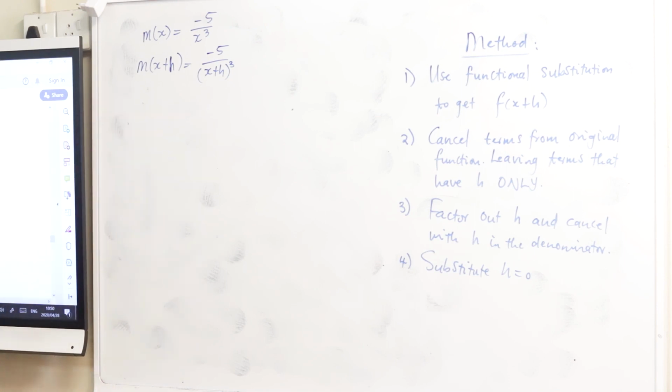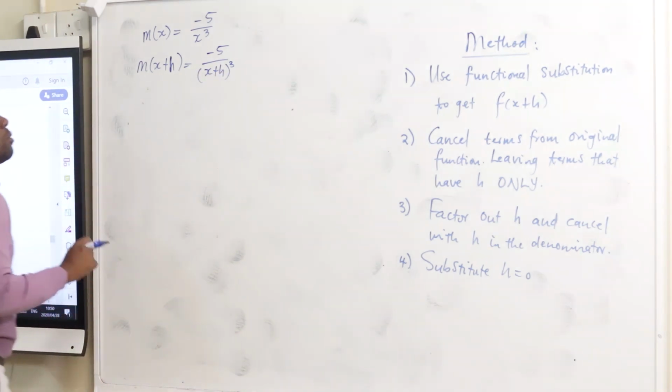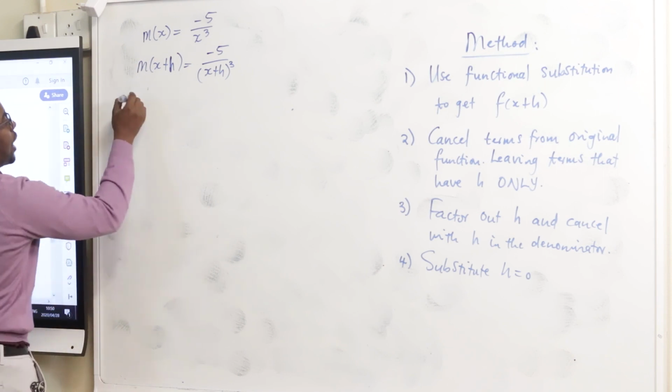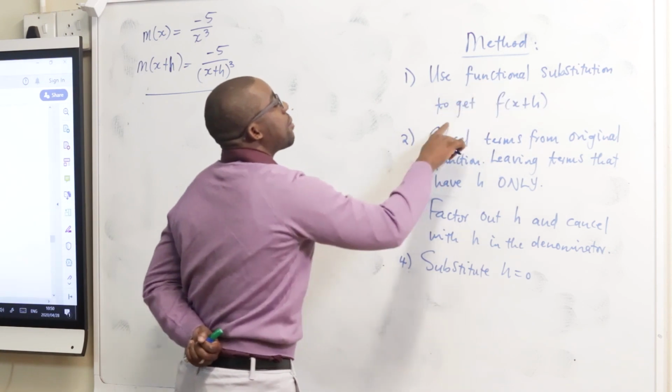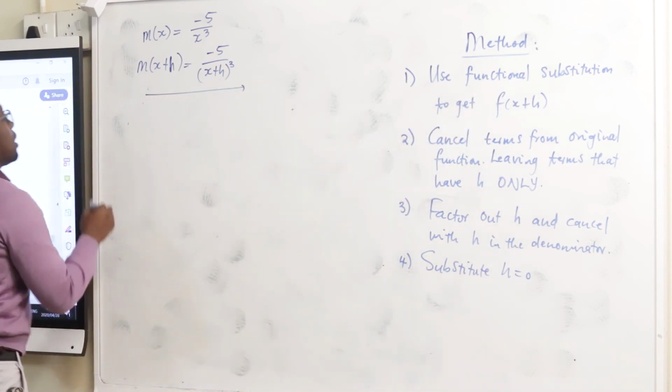Do not expand it. Earlier on we said it's in the denominator. Do not expand it. So you leave it like this. This is step number 1, the functional substitution to get that.